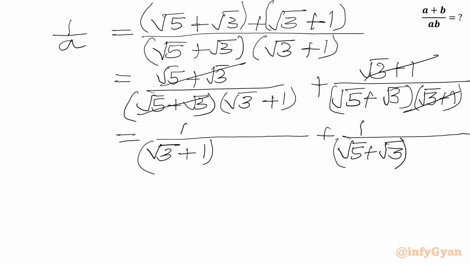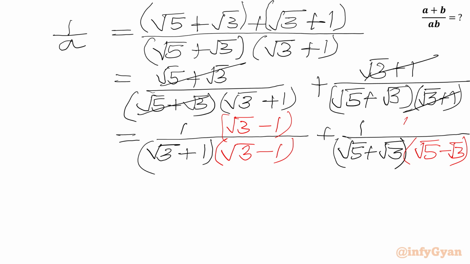Now I will rationalize our denominators. So we need to multiply here in the denominator and numerator by root 3 minus 1, and here we will multiply root 5 minus root 3 in the numerator and denominator also. Now in the denominator we are getting the (a plus b) times (a minus b) form here also.